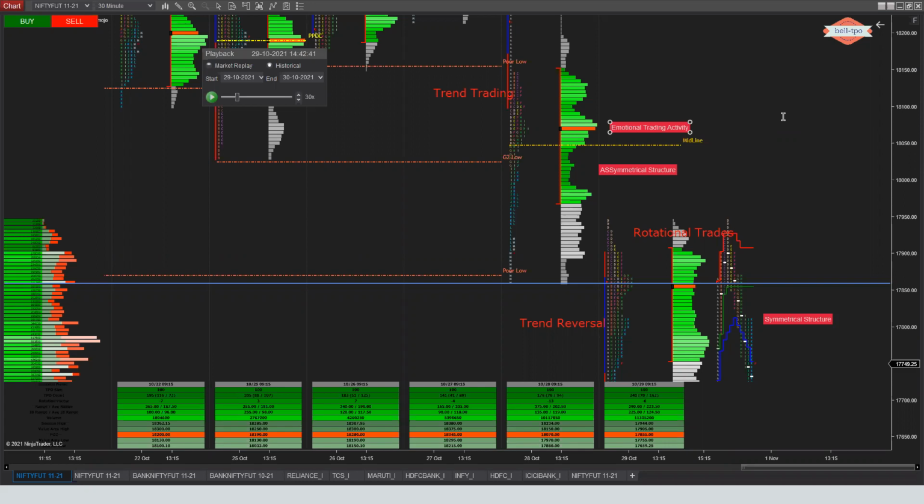We know the reasons why the price action should reverse from here. And then rotational trades, reasoning why the market will rotate or where it will rotate. What is the reason that it should rotate? So this is what one can do with market profile.